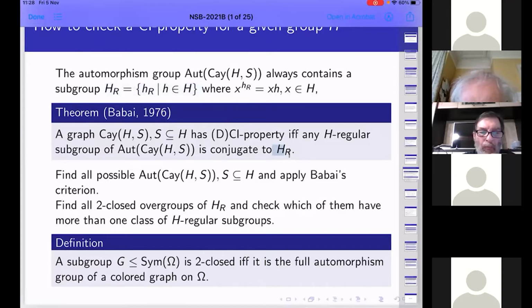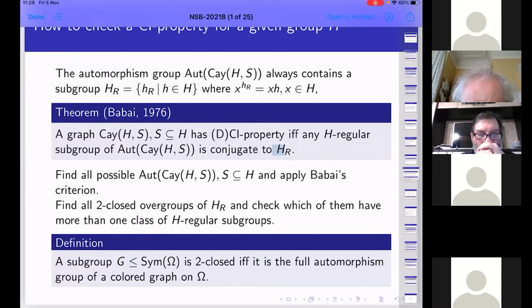So now if you want to apply this result, you can take all possible Cayley graphs, compute the automorphism groups, and then check that all regular H subgroups are conjugate. If they are, then the group has the CI property. If there is one which has more than one conjugacy class, then it's not, and you have a counterexample.